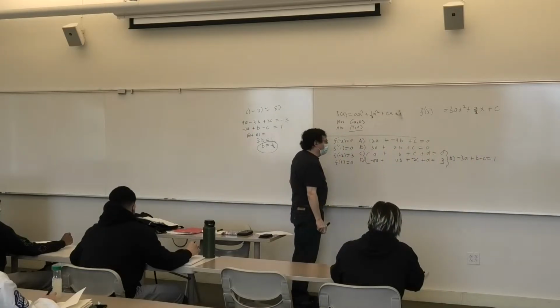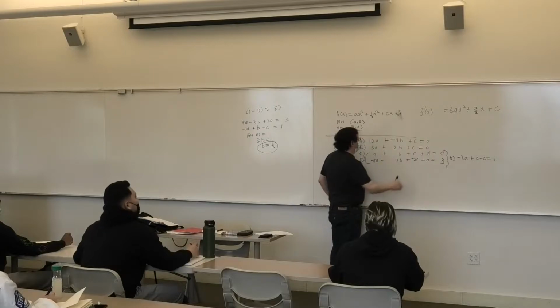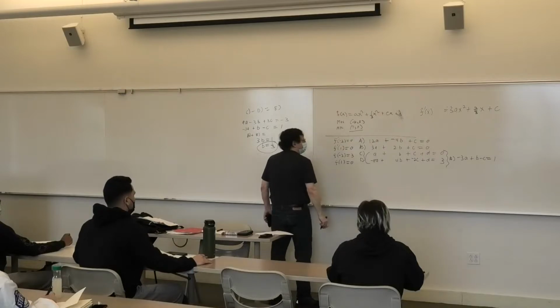Okay, so if I plug B in here, I'll just have 2 equations and 2 unknowns. I think that's what I'll do.